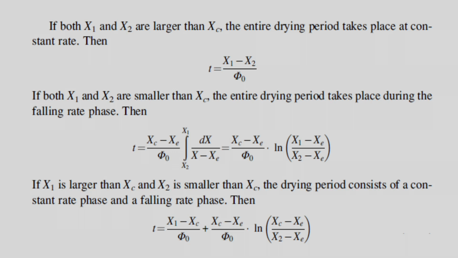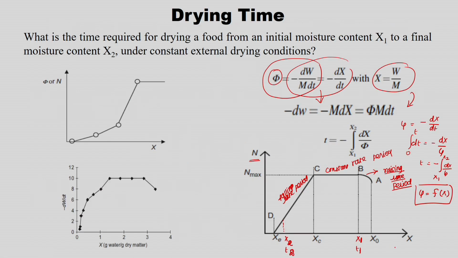If both x1 and x2 are larger than xc, the entire drying period takes place at a constant rate. This way your moisture content is reducing, so x1 and x2 come here. This is called the constant rate period.